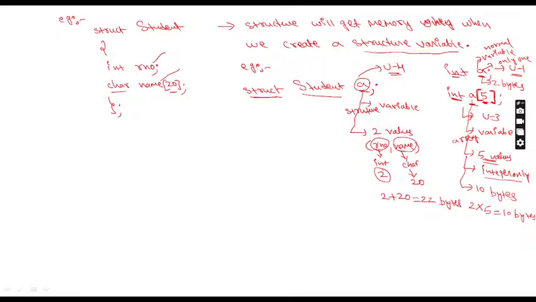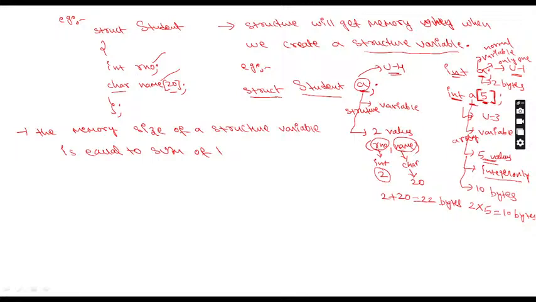Now tell me, the memory size of the structure is 22 bytes. Now you don't need to say 22 bytes. Please try to understand the memory size of the structure variable is equal to the sum of the sizes of its members.